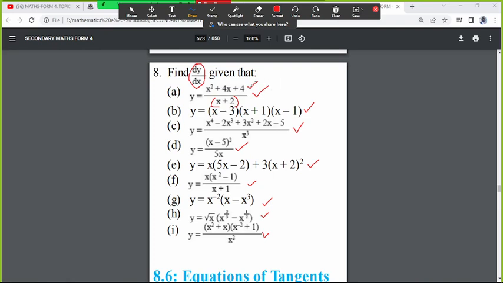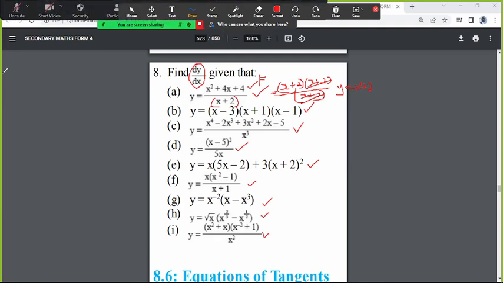You get x plus 2 over x plus 2. This bracket will cancel with this bracket. Now we remain with y equals x plus 2. This one can be differentiated.